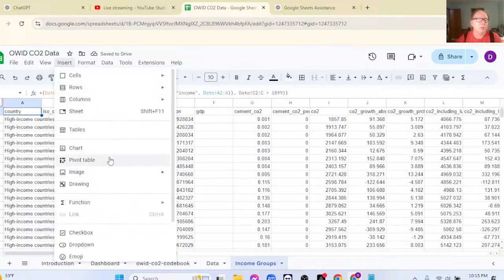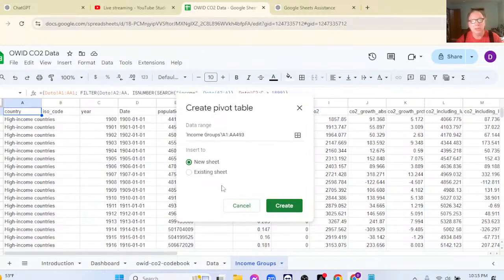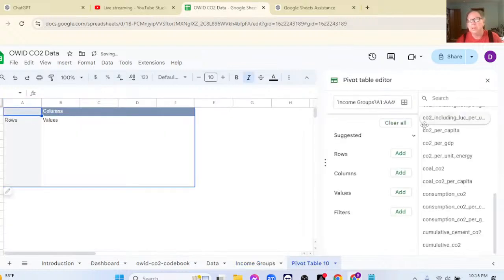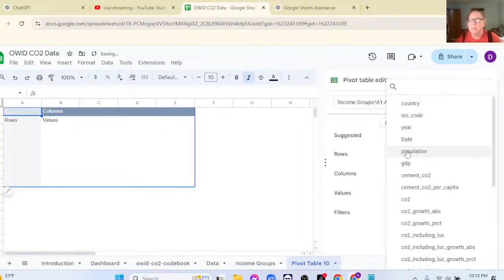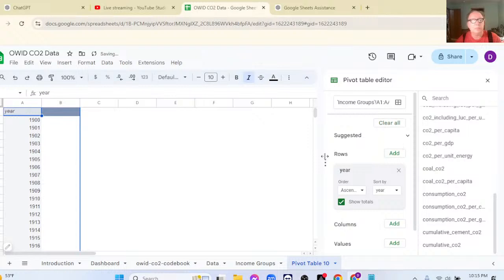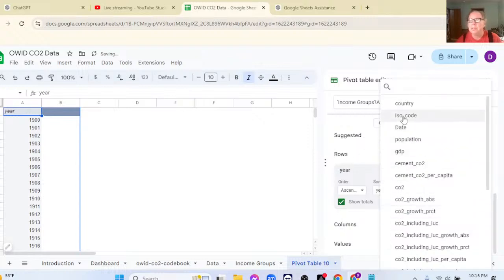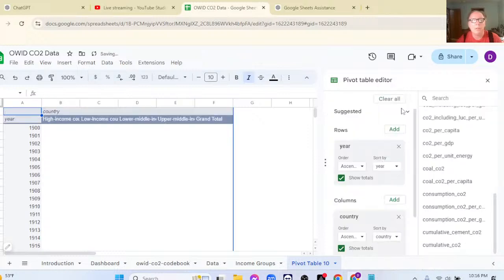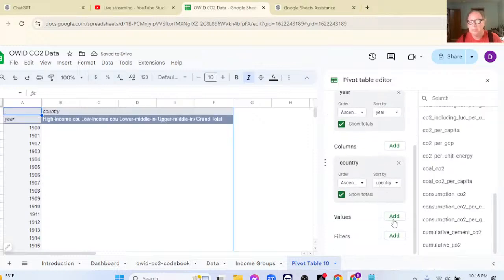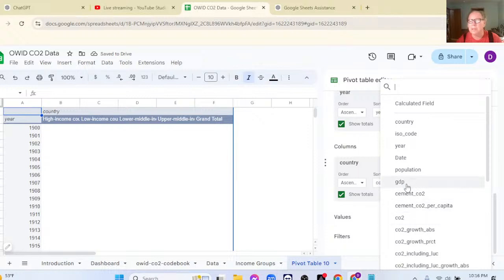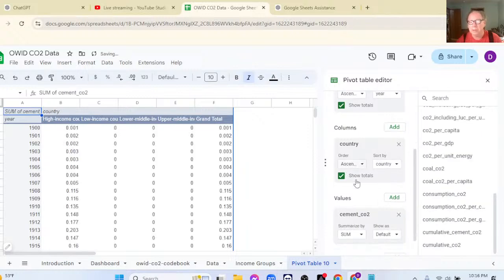Okay, just insert pivot table, new sheet. Rows is going to be year, right? Columns is going to be country, right? Values is going to be cement CO2.